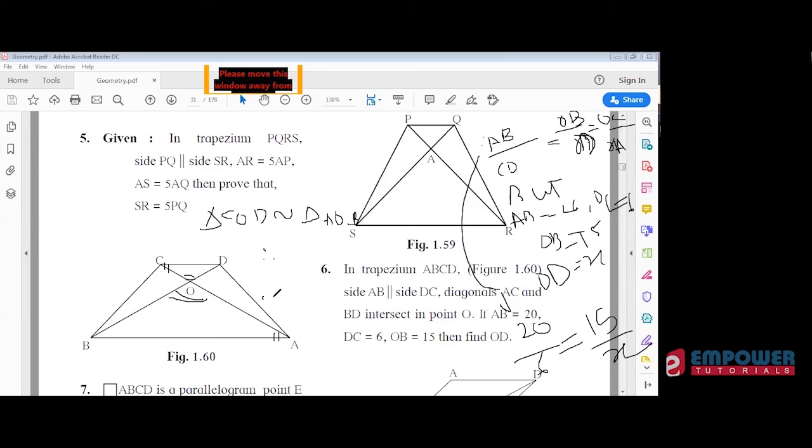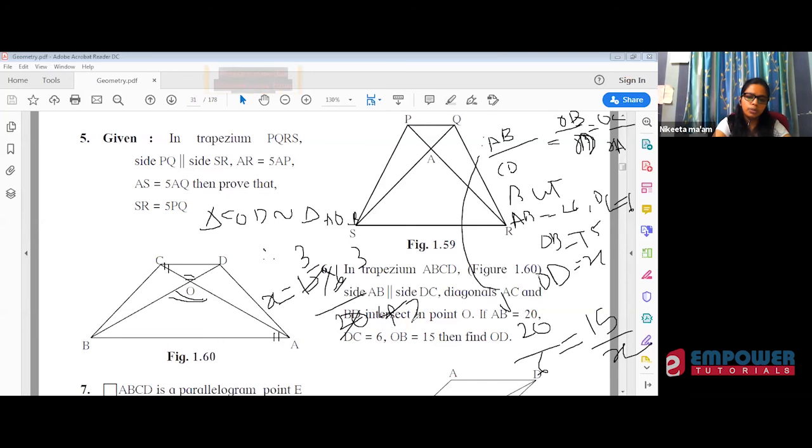So X is equal to 15 into 6 upon 20. So this will be 4, this is 3, this is 3, this is 2. So X is equal to 4.5.